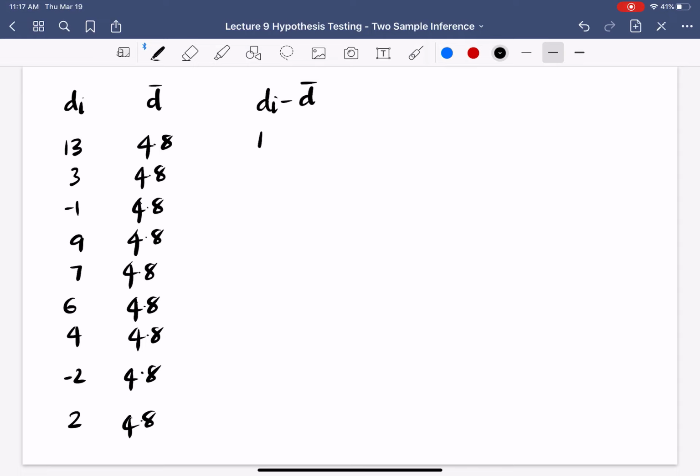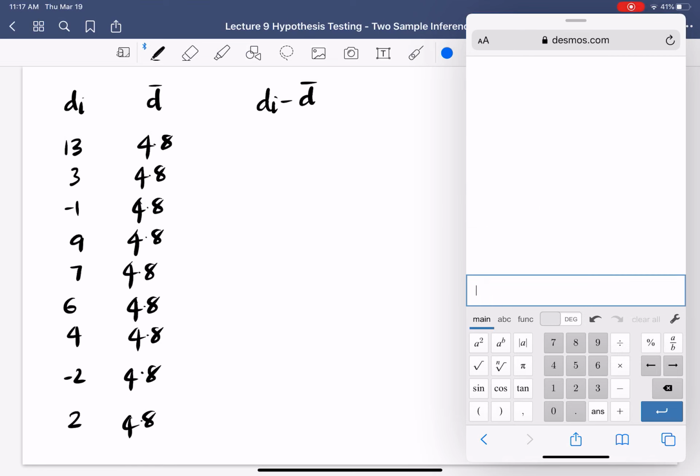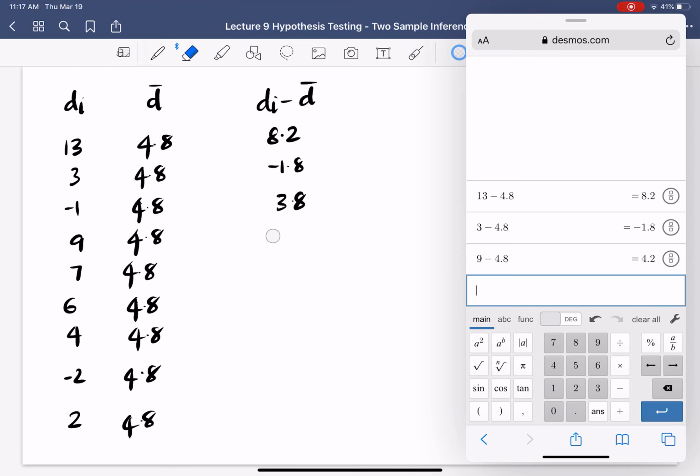So this is 13 minus 4.8, so the value is 8.2. Next is 3 minus 4.8, which is negative 1.8. Next you have 9 minus 4.8, which gives you 4.2. Next you have 7 minus 4.8, which gives you 2.2.